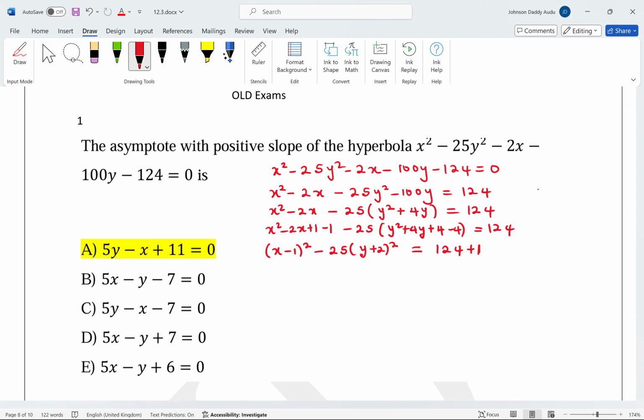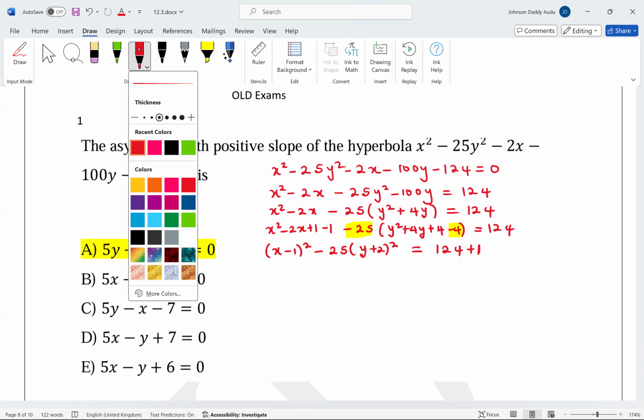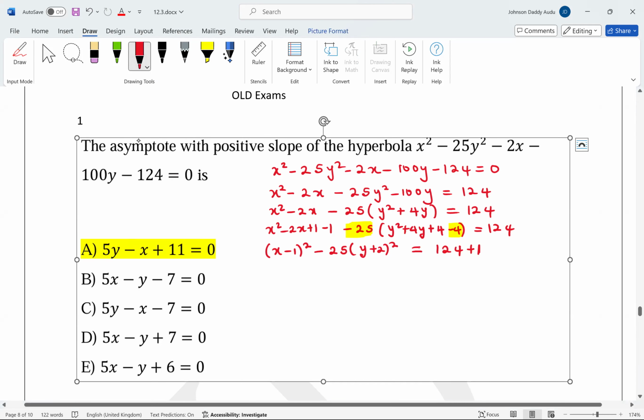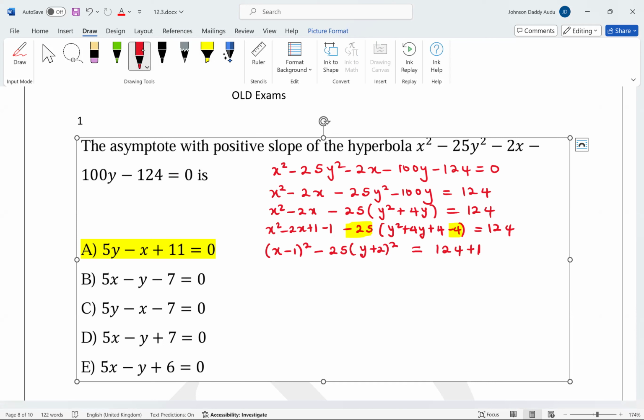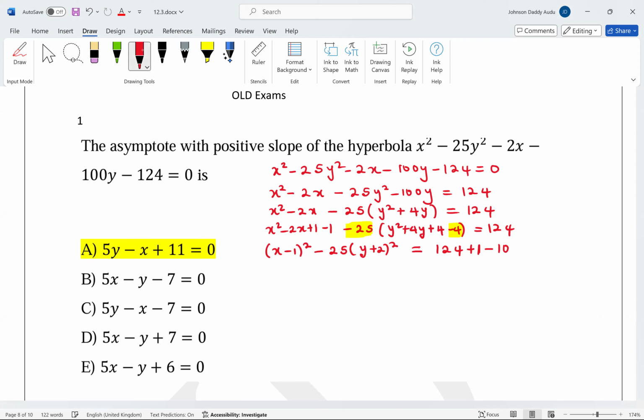Yes. Then if you look at this, this is minus 25, this is minus 4. So this will give us plus 100, right? Yes, it's going to be plus 100. And when you take it there, this is going to be minus 100.